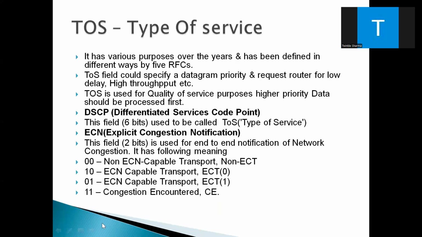Then we have TOS, type of service. It has had various purposes over the years and has been defined in different ways by 5 RFCs. The TOS field could specify a datagram priority or request a router for low delay, high throughput, etc. TOS is used for quality of service purposes.